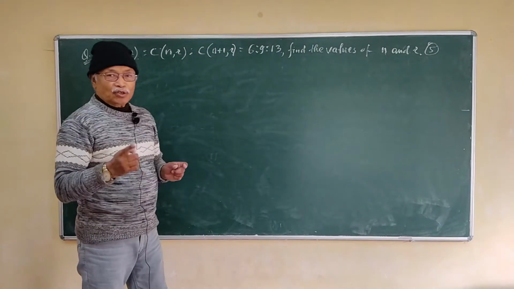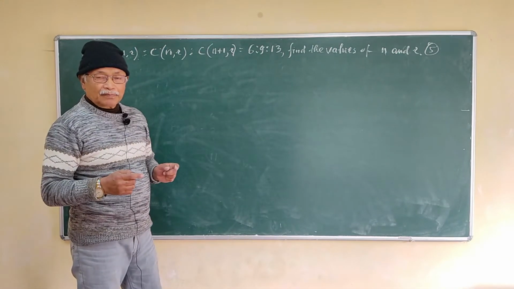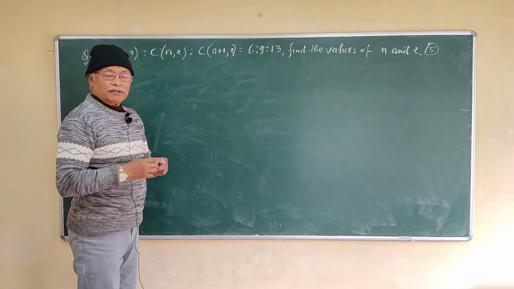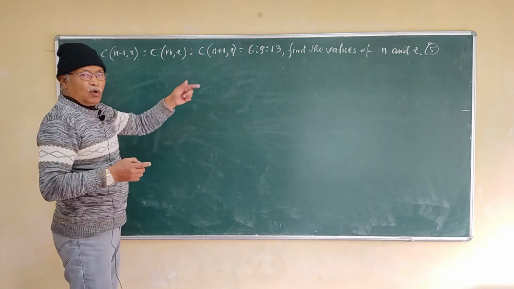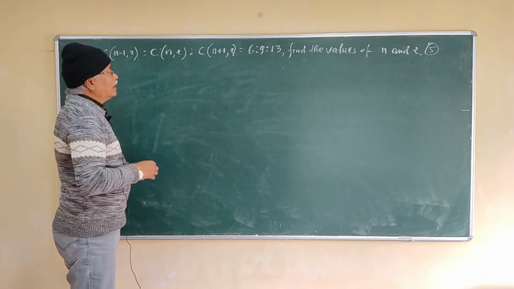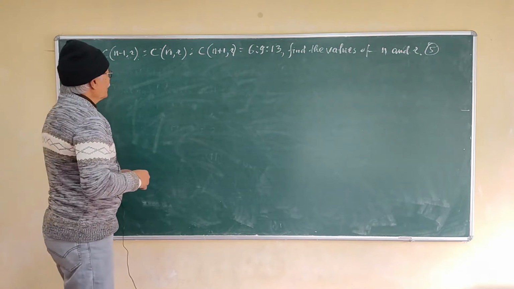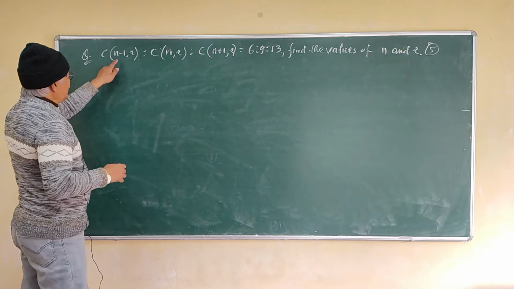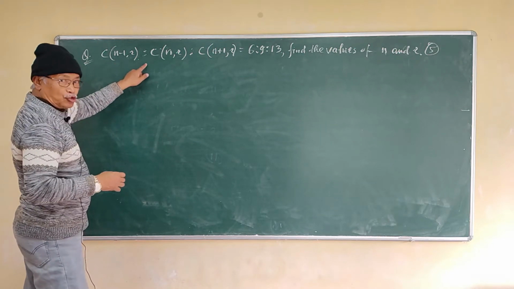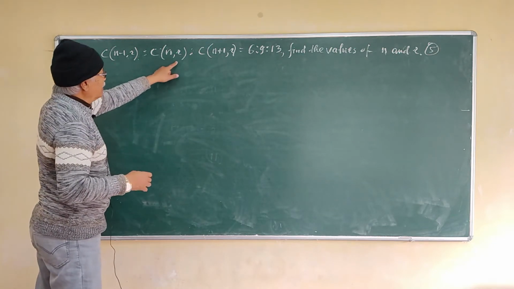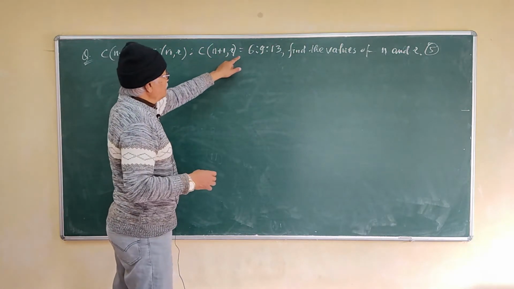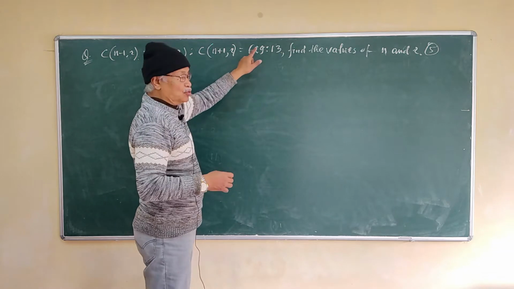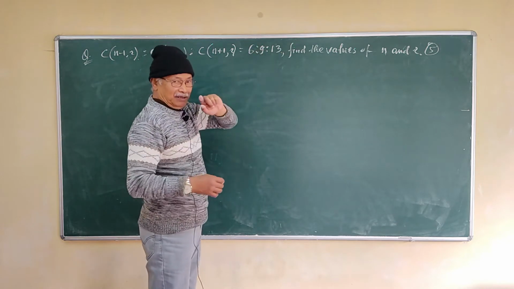So I have taken up one problem from combination. I have picked up this one. This was set in one of your examinations earlier. C(n-1, r) : C(n, r) : C(n+1, r) is equal to 6 : 9 : 13.